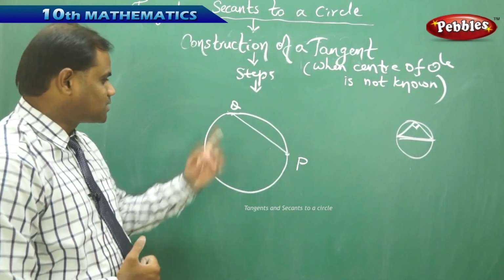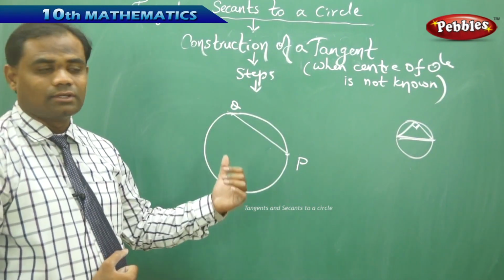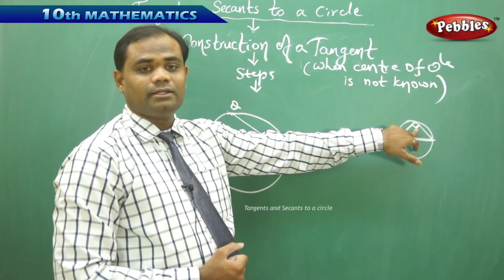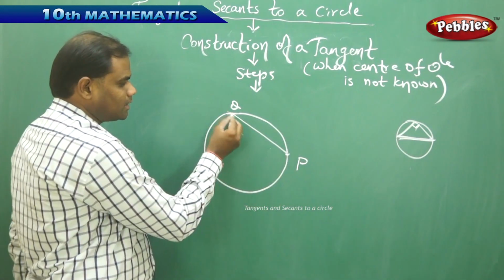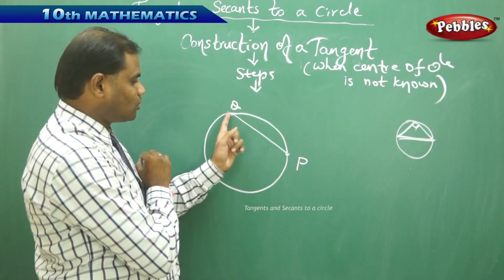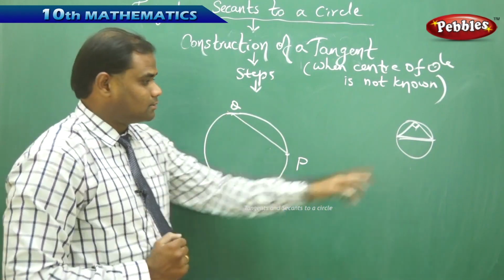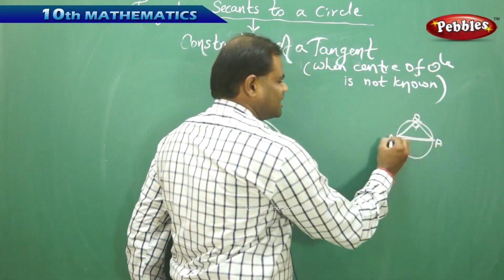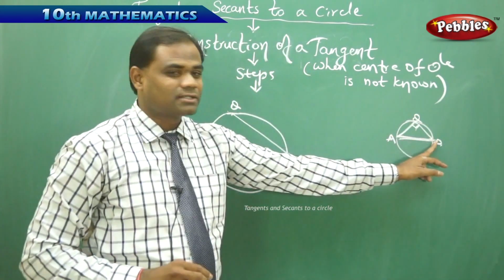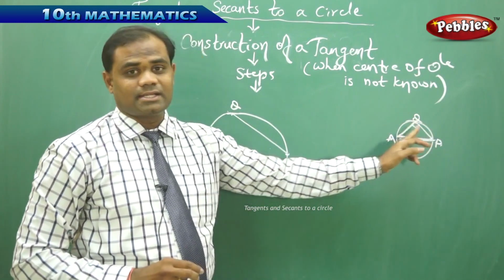Therefore, I try to construct a semicircle using this property. When I join P and Q, PQ being the chord, I can get the diameter AP if I can construct the angle PQA as 90 degrees.